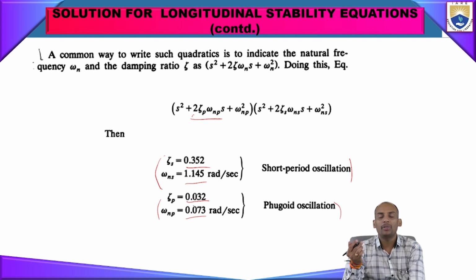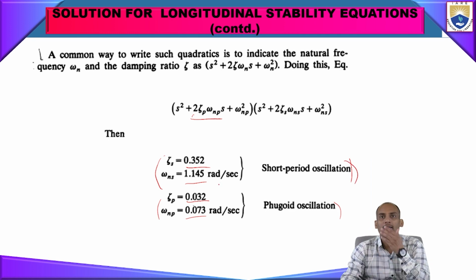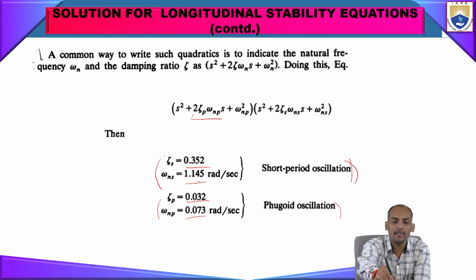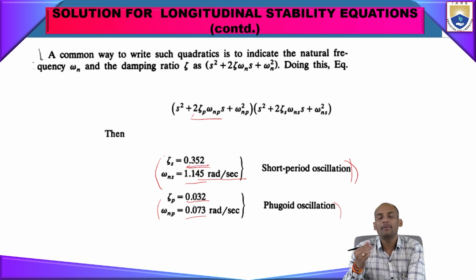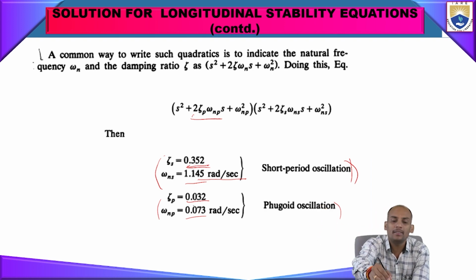Here we are getting the response of that equation in terms of omega, where omega ns is in radian per second and zeta is a constant value. So the oscillation has a frequency and a range.